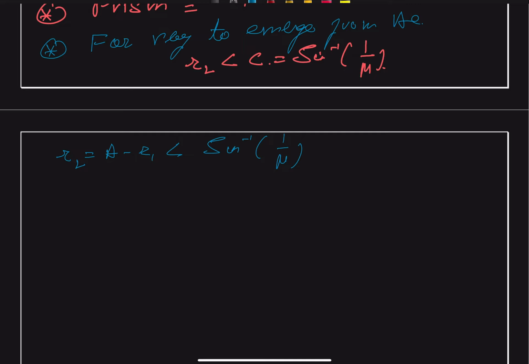Or we can also say that R1 should be greater than A minus sine inverse 1 upon mu.